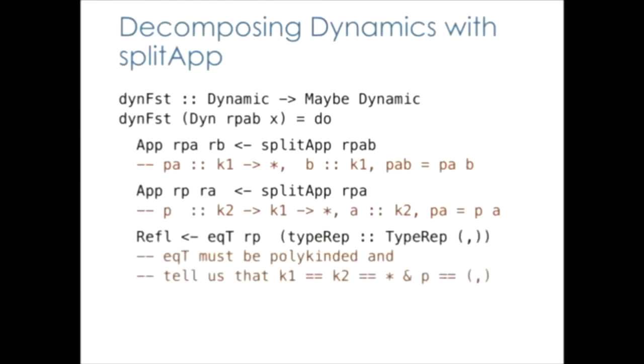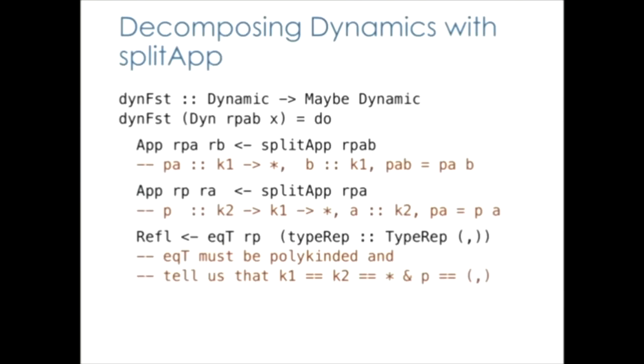But then watch what happens when we do this. Now we're going to do ET with RP, and RP is a representation of P which has this kind. And we're going to compare that against type rep of the product kind. The product kind has star, arrow, star, arrow, star. So we are going to be comparing the representations of 2 things that have different kinds, right?